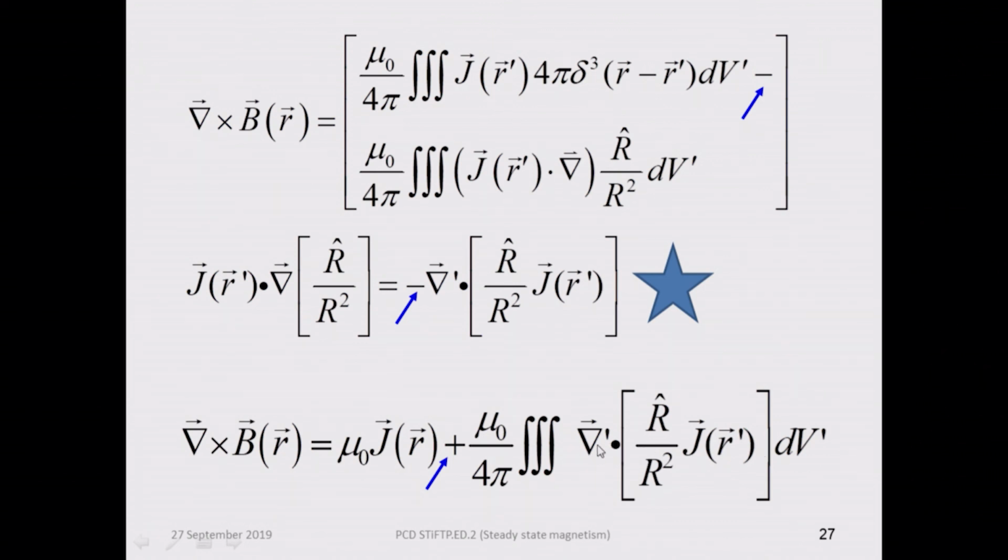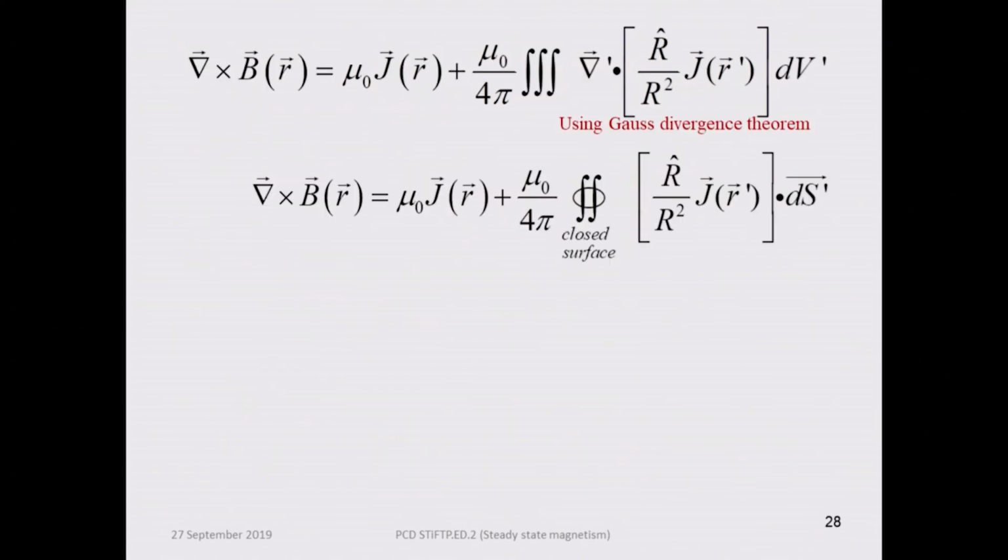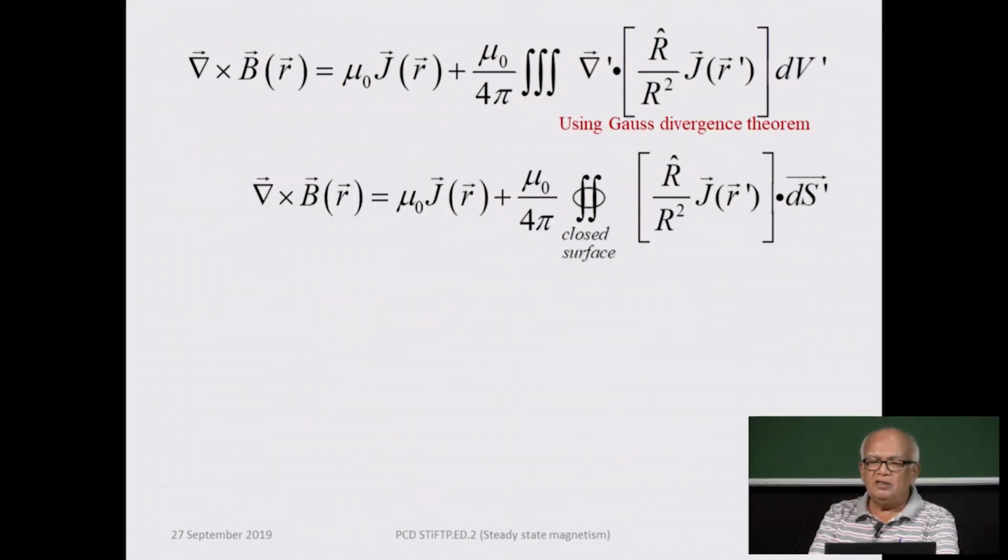I have the volume integral of the divergence of a vector. And what is the volume integral of the divergence of a vector? It is a surface integral of that vector over the closed surface which bounds this volume. That is Gauss's divergence theorem. So, using Gauss's divergence theorem, I write it as a surface integral.